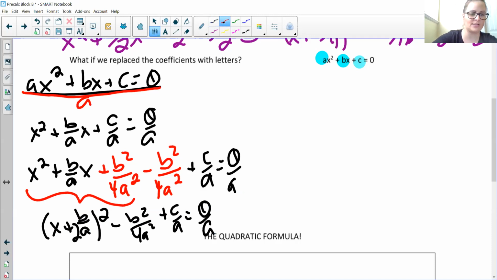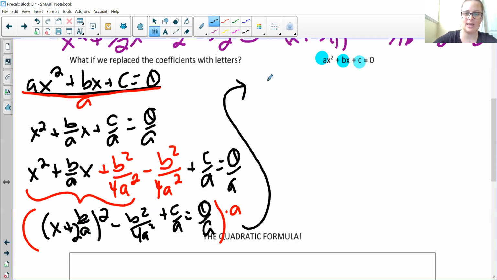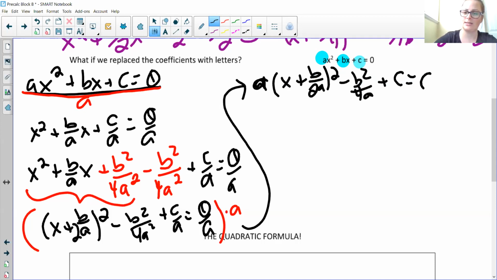Now, at this point of our solving, we multiply everything by a. So we get a times (x plus b over 2a) squared minus b squared over 4a plus c equals 0.